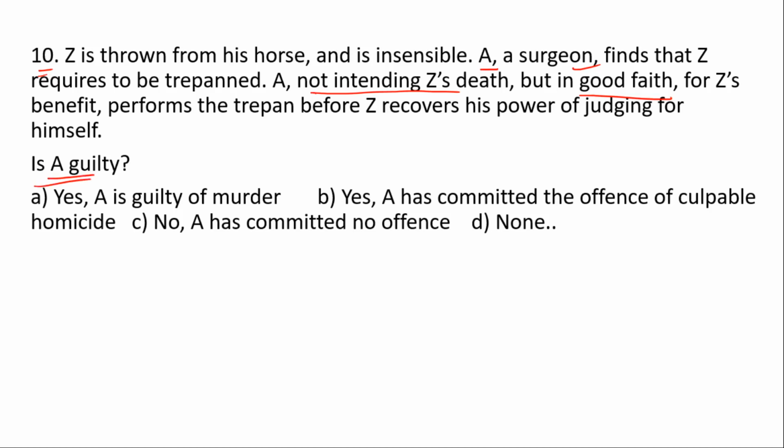For this we need to see from the illustration whether there is a guilty mind or any dishonest intention. So it is clear that A did not intend Jed's death and performed the trepan in good faith. That's why A has committed no offense.